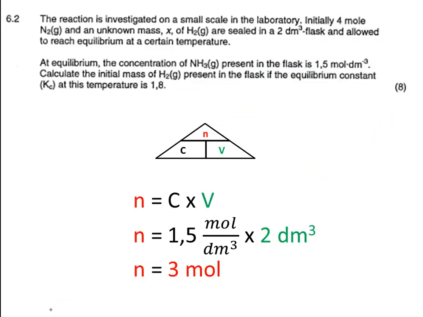So n is equal to concentration multiplied by volume. The concentration of the ammonia at equilibrium is 1,5 mole per decimeter cubed. And we multiply that by the volume. The volume of the flask, and therefore of the ammonia at equilibrium, is 2 decimeters cubed. So we multiply 1,5 by 2. Notice the decimeter cubes cancel, and we're left with moles, which is what we want. We want the number of moles n. 1,5 times 2 is equal to 3 moles.